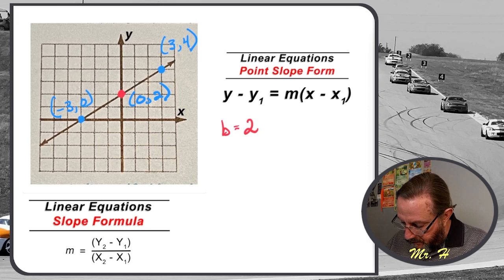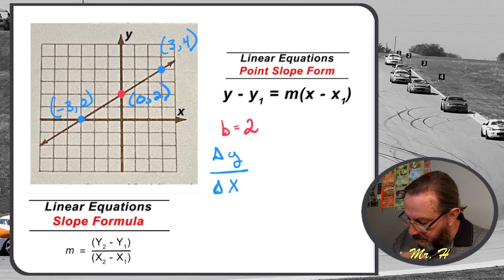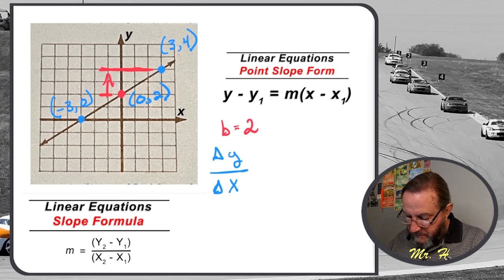Watch this. Remember, we're looking for the change of the y values, delta y over delta x. And so if I look at the point (0, 2), it's on this level right here. And I'm going to the next point, which is on this level right here. So how far did we go? We went up 2.